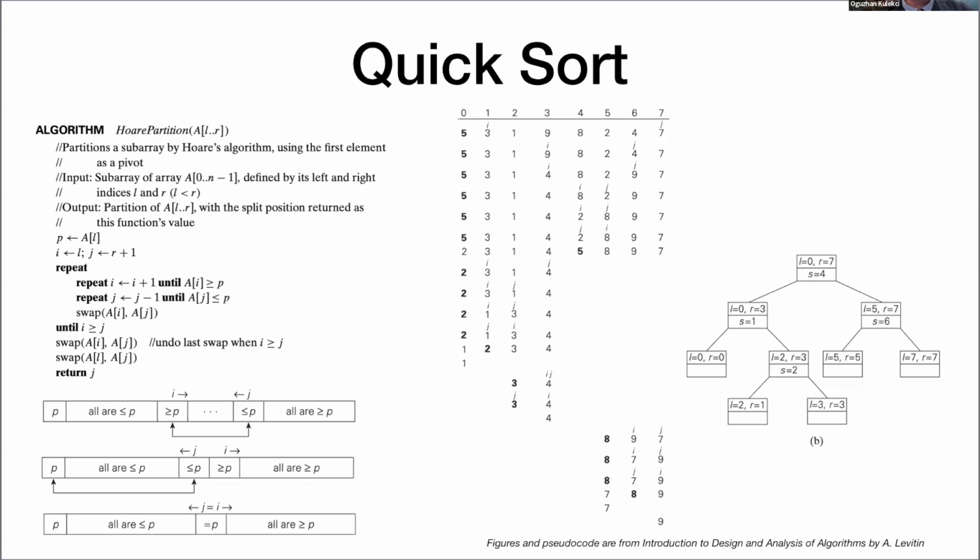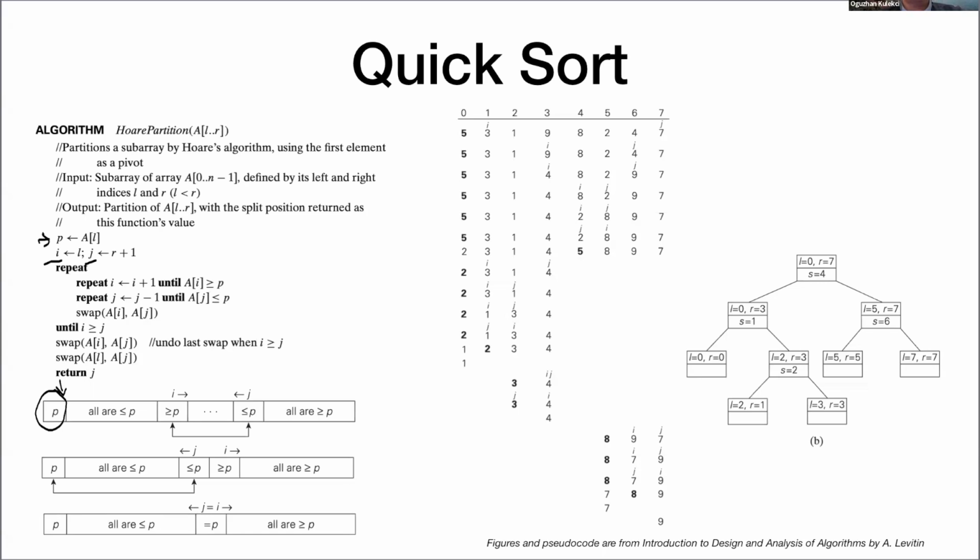How it goes: again, you say that my pivot element will be here. So P is equal to the leftmost element. I have saved the value of the leftmost element in P. I'll be maintaining 2 pointers, the first one is I and the second one is J. I is pointing to the leftmost position and J is pointing to the rightmost position.